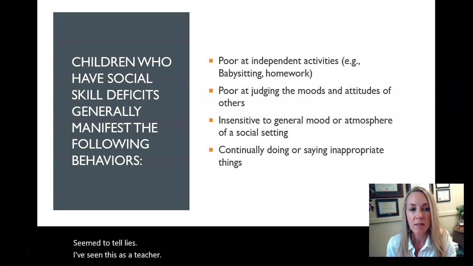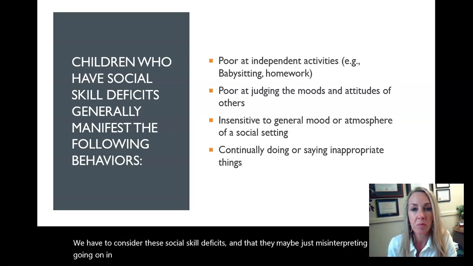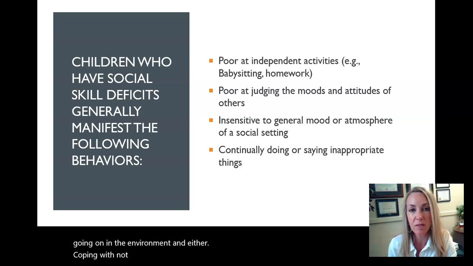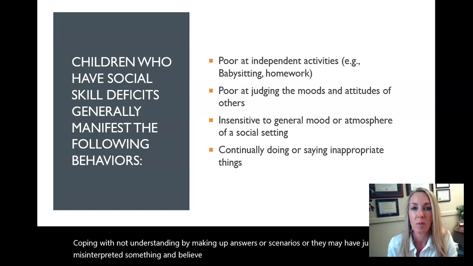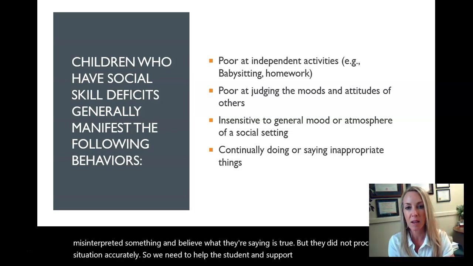We have to consider these social skill deficits, and that they may be just misinterpreting what's going on in the environment, and either coping with not understanding by making up answers or scenarios, or they may have just misinterpreted something and believe what they're saying is true, but they did not process a situation accurately. So we need to help the student and support the student if it seems like they're misunderstanding in social situations.